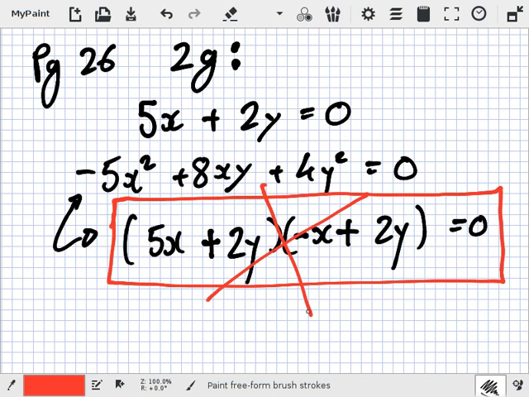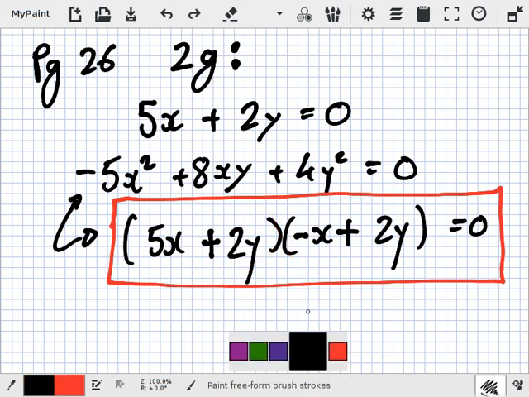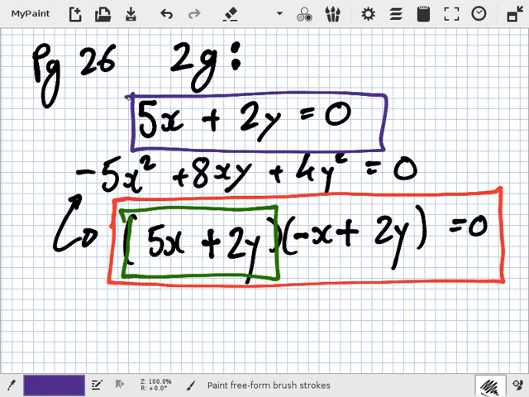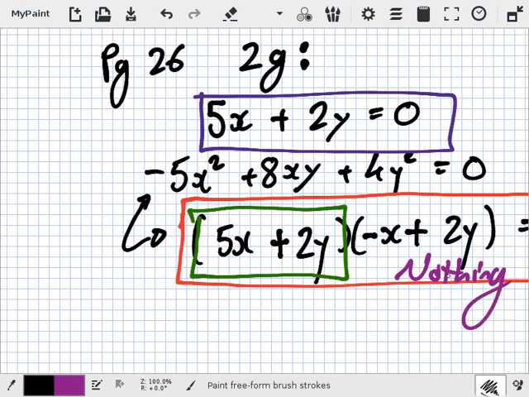Like, what makes it useless? Well, it's useless because of this. 5x plus 2y must be 0 because of the previous equation. So there's absolutely nothing that this equation can tell me about x and y. Nothing.